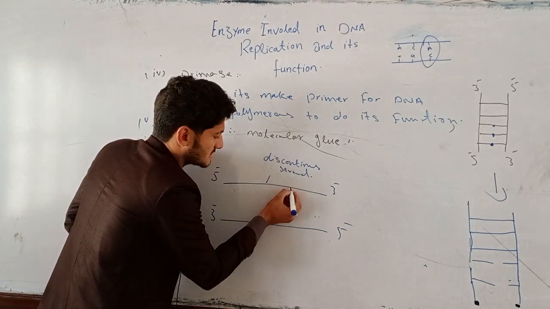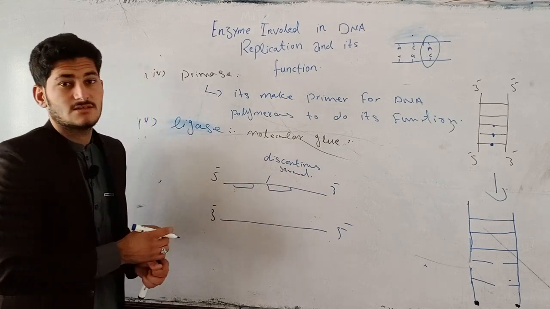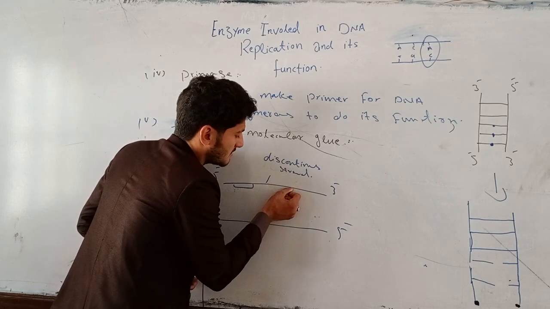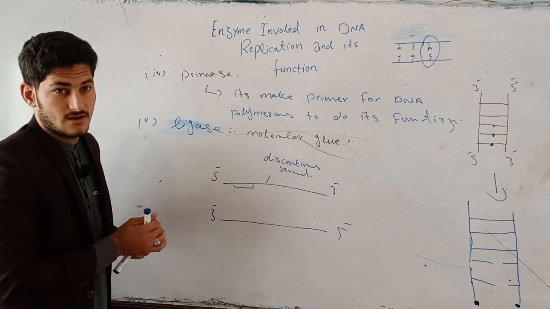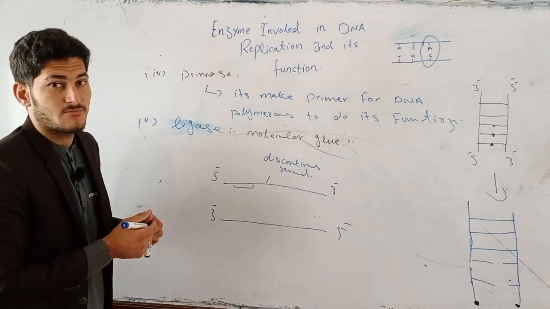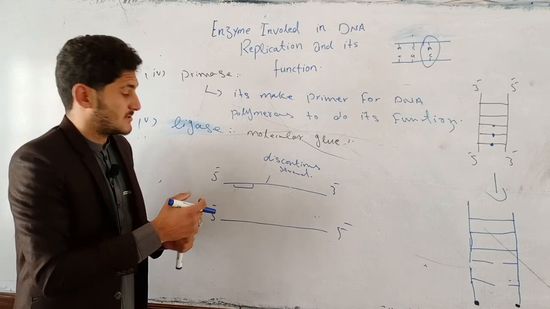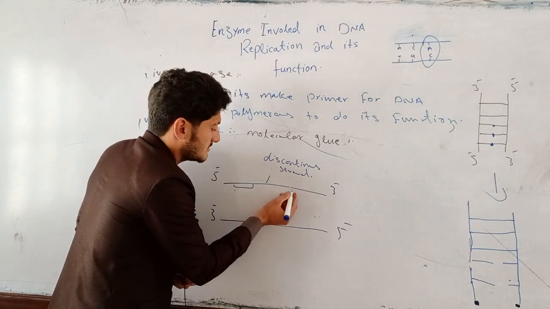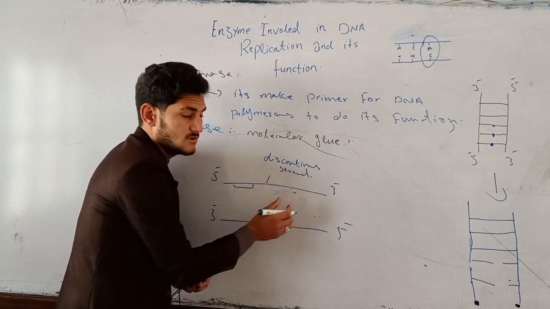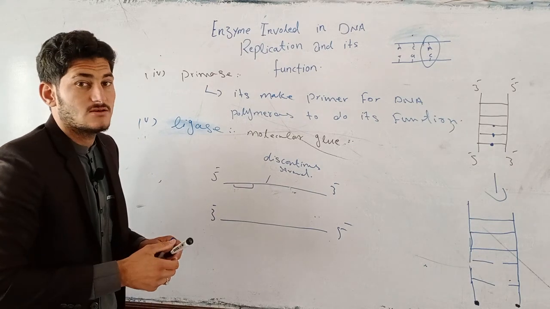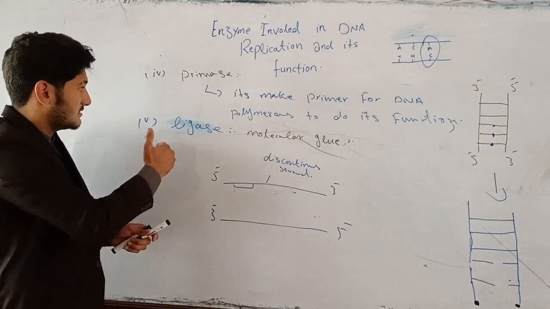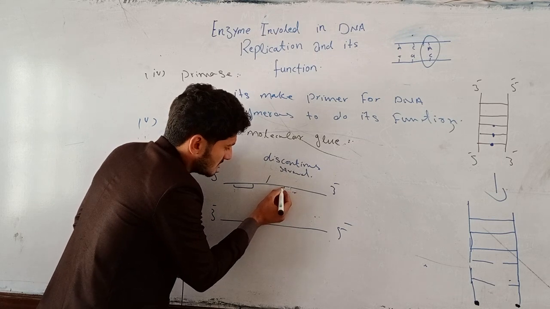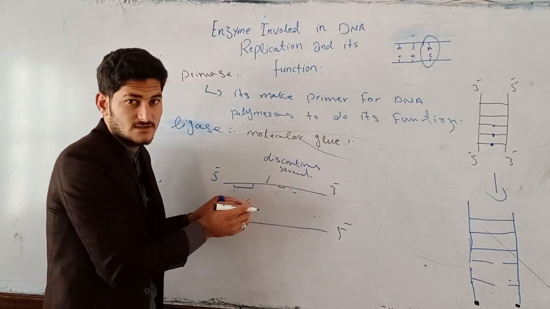There are short fragments, which are known as Okazaki fragments. When they are removed from this side with the help of the enzyme DNA polymerase 1, which does its function in the termination phase, DNA polymerase 1 attaches nucleotides in this area, so some space occurs between the two nucleotide molecules.